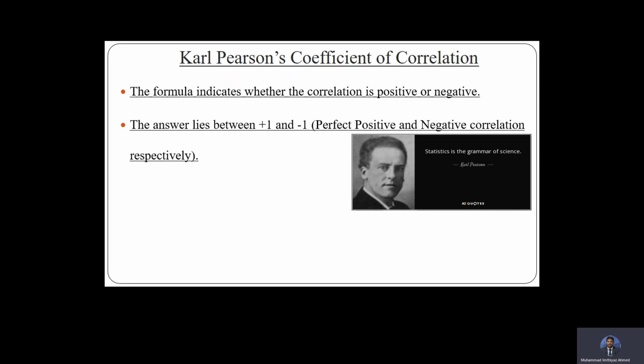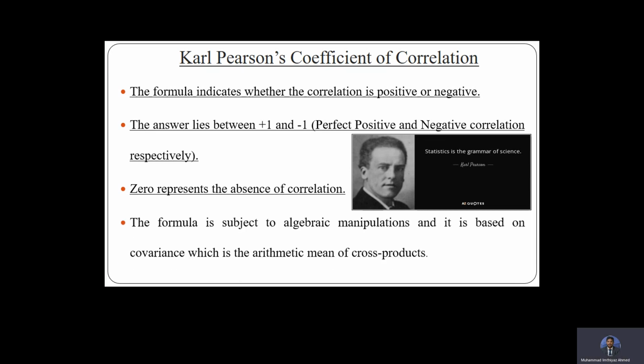If it is coming minus, you have to say negative correlation. So if you are getting 0, there is no correlation. Either it should be in the range of +1 or -1. Plus means positive, minus means negative, 0 means no correlation. Okay, this is what he is talking about.